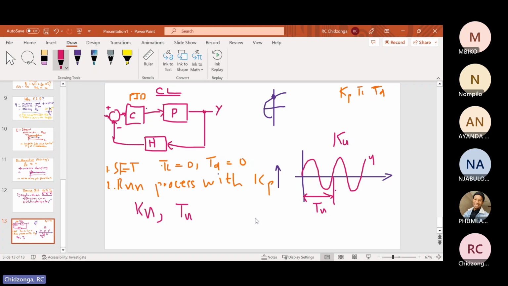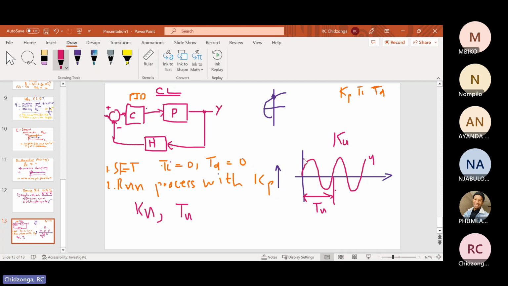So let me repeat. You run your process in closed loop. You set the integral time constant, Ti equals to 0. You set the derivative time constant, this parameter Td, equals to 0. Then you run the process. At each stage, you increase Kp, the gain, and observe the output. You keep increasing the gain until at some point, the response breaks into continuous oscillations like this.